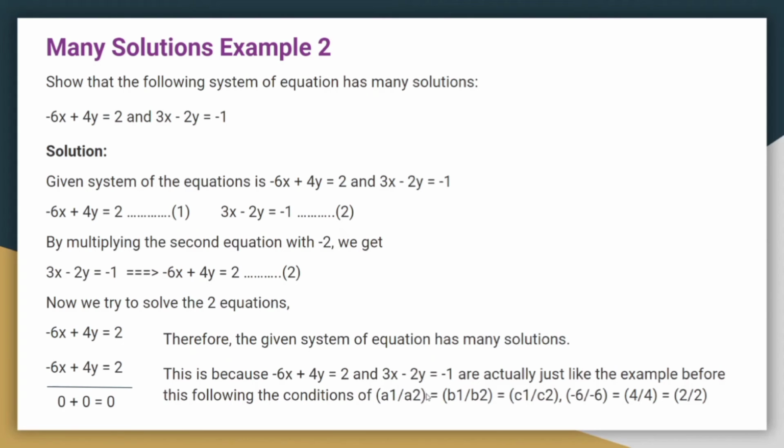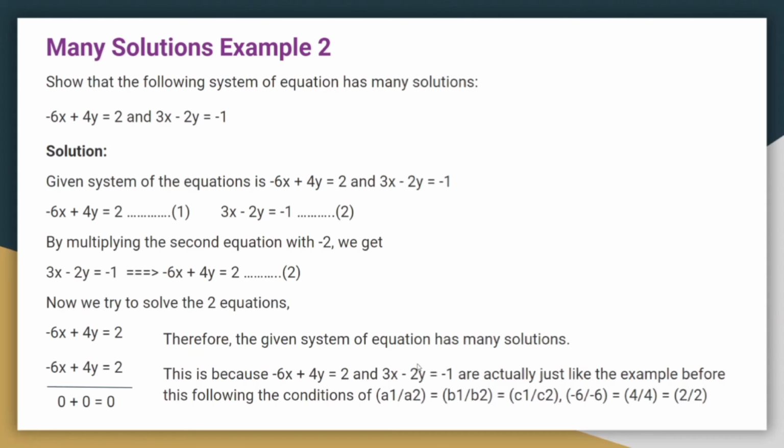You plug it into the ratios a1 over a2, b1 over b2, c1 over c2, and then we'll get negative 6 over negative 6 equals 4 over 4 equals 2 over 2. Since all these are basically 1 equals 1 equals 1, this condition is also met for saying that this system of equations has many solutions.